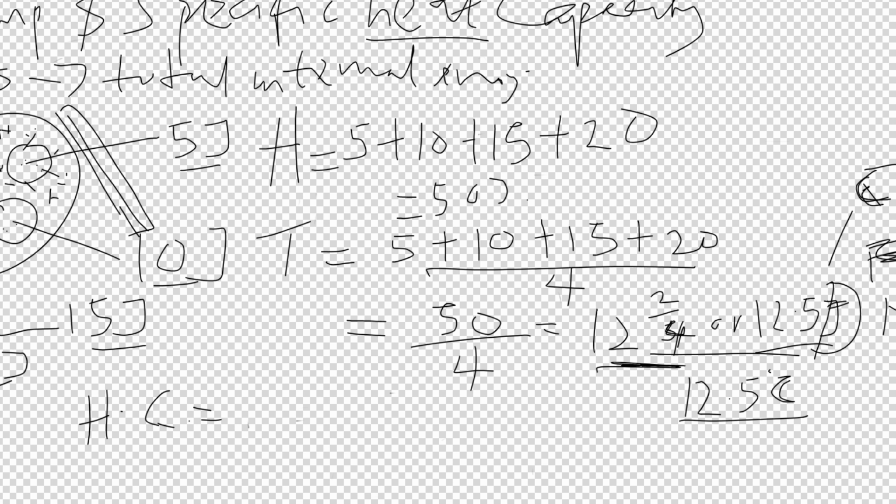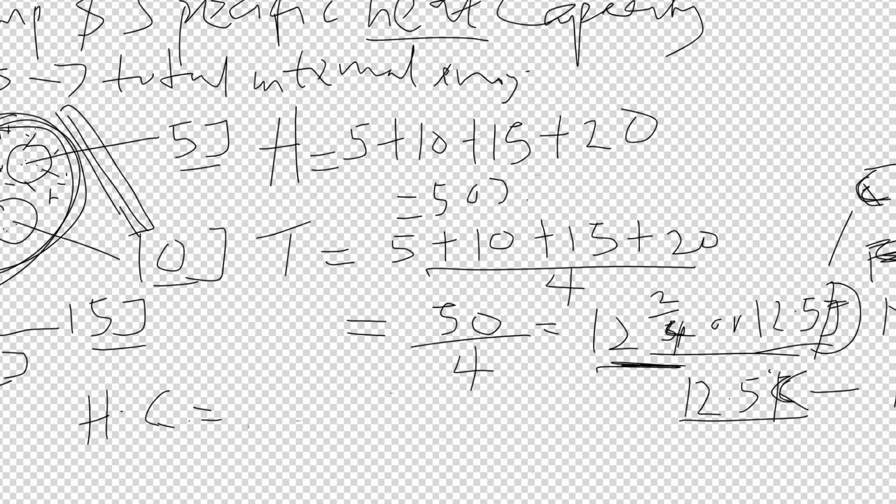Now, what heat capacity is all about is: what amount of energy can you add to this system entirely that will change this temperature from 12.5 to 13.5? That is, it will make it increase. Let me change this back to Kelvin, because Kelvin is the standard temperature.